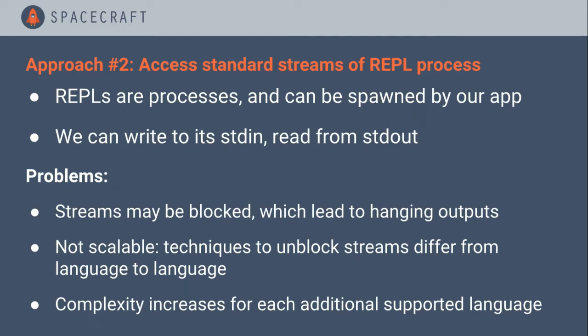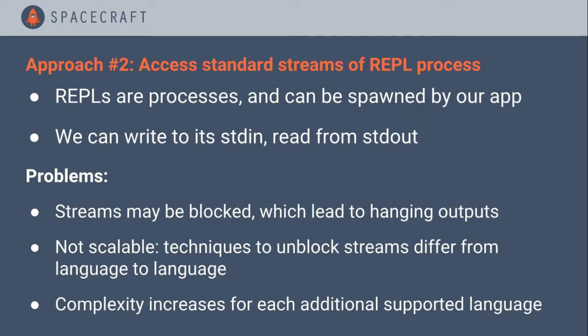It's called IRB, and the process has a standard input and standard output. Standard input allows you to write code into it, and the standard output allows you to read the evaluation result from it. Now, while this sometimes works, there are a few problems with this.